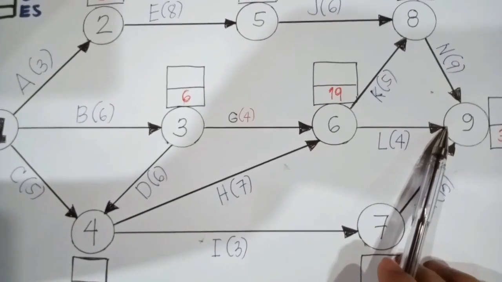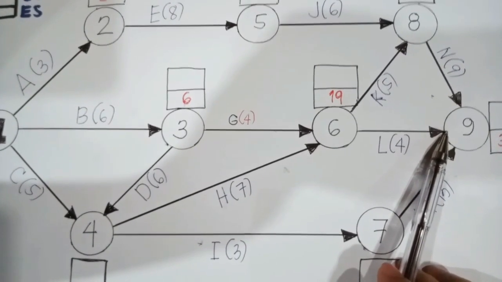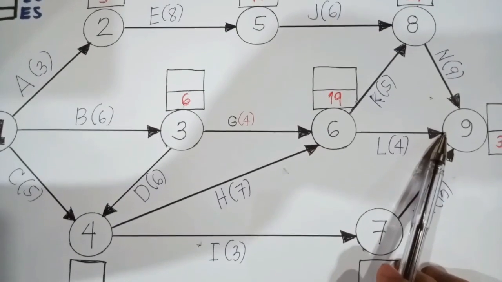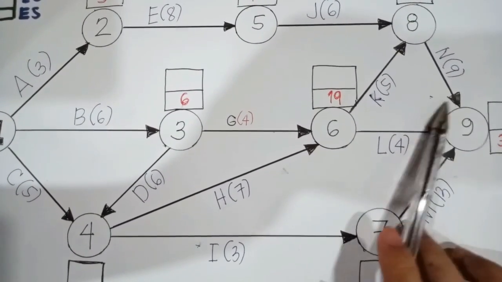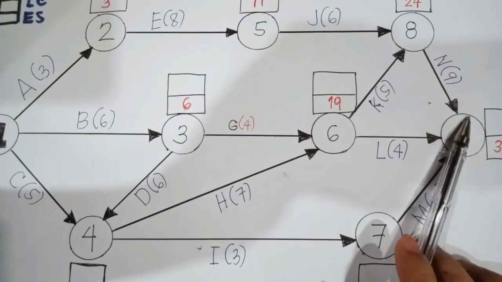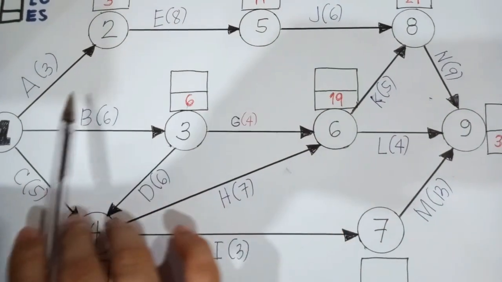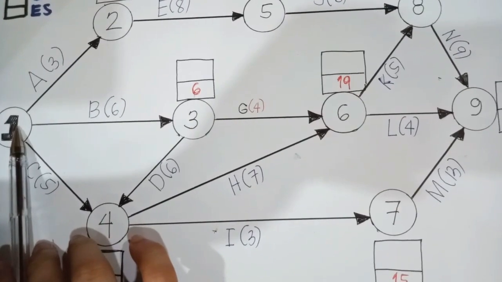Now in calculating the latest completion time, we will be applying the backward pass, meaning we will start from node number 9, or the ending node, going back to node number 1, which is the starting node.